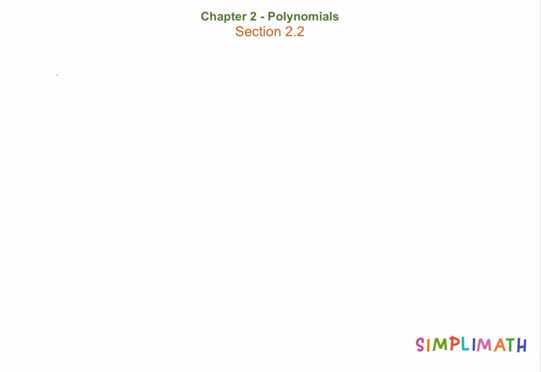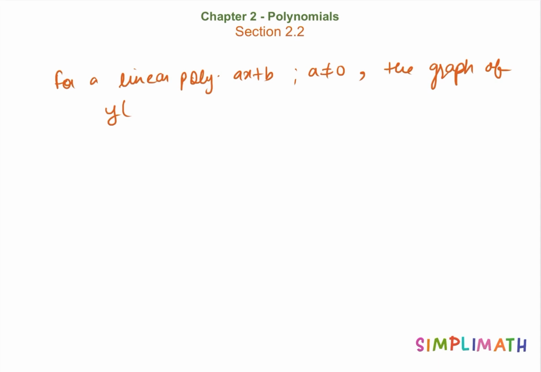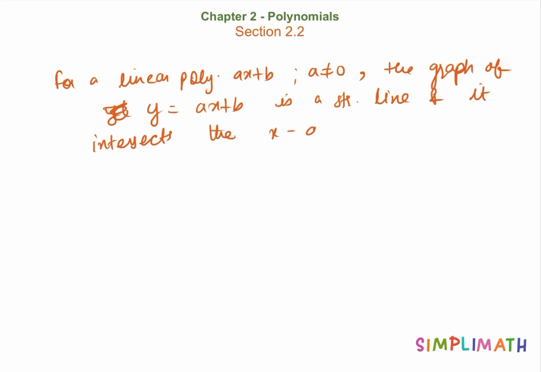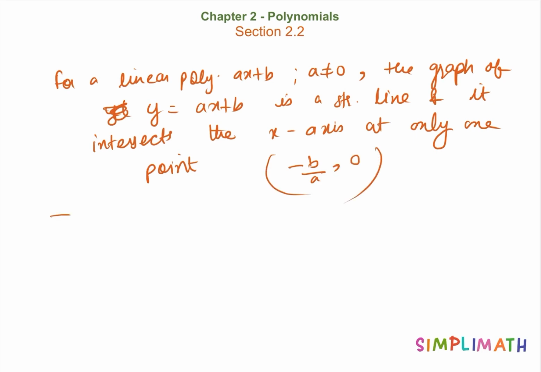So what can we say? For a linear polynomial ax plus b, where a is not equal to 0, the graph of y equals ax plus b is a straight line, and it intersects the x-axis at only one point. What is that point? Minus b by a comma 0. So what can we say?